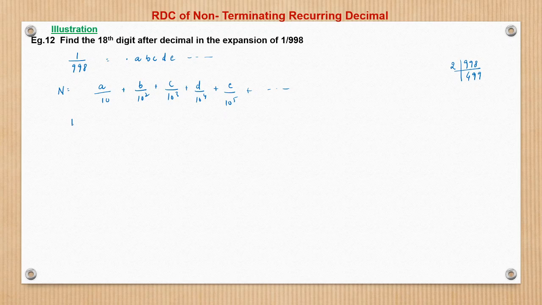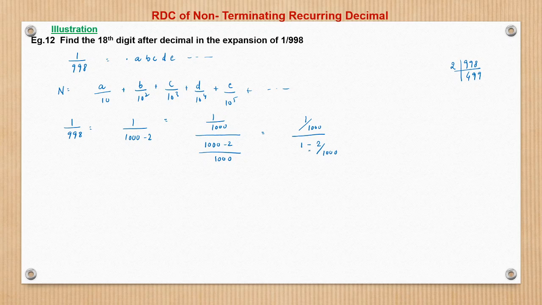Now 1 upon 998, can we write this as 1 upon 1000 minus 2? If I divide both numerator and denominator by 1000, this is nothing but (1 by 1000) upon (1 minus 2 by 1000).